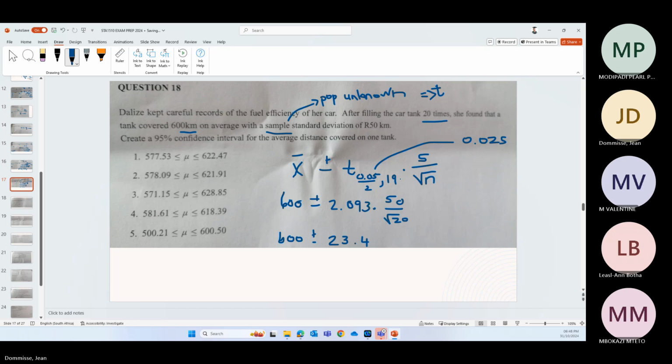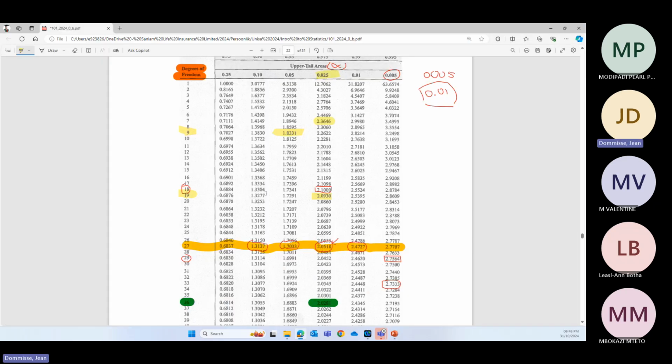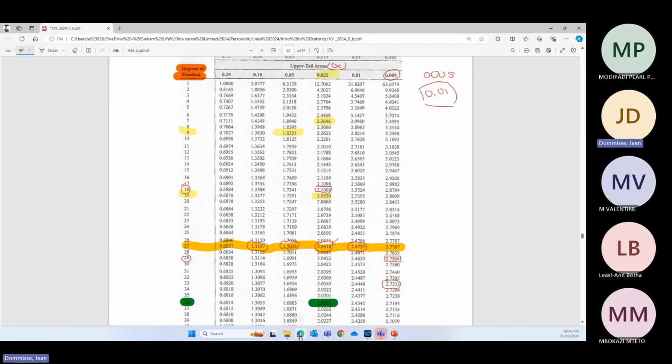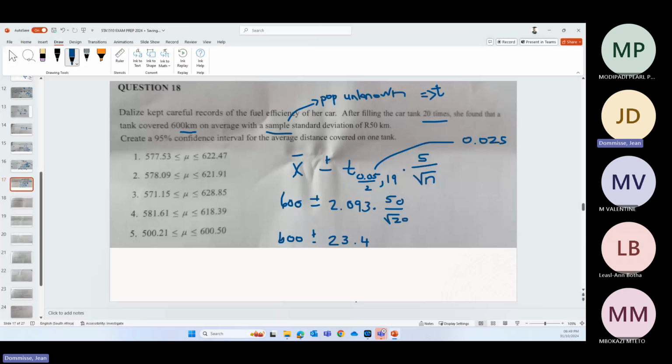For 0.025 and 19 degrees of freedom, that is 0.093.